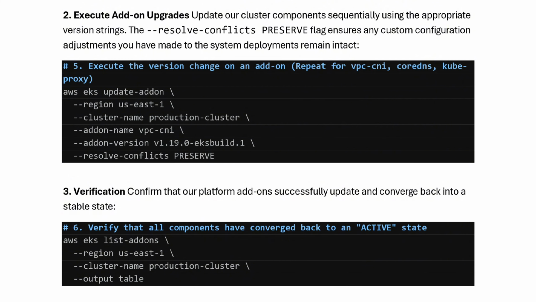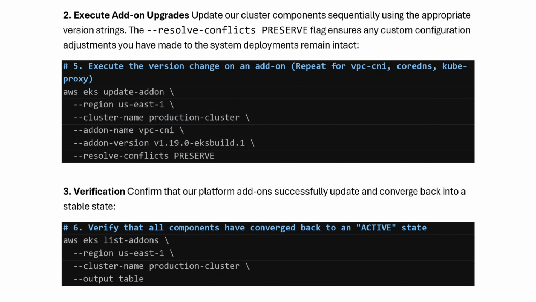The command is aws eks update-addon with the flag --region, --cluster-name with the production cluster name, --addon-name with its name, that is the add-on vpc-cni, --addon-version with the version, for example v1.19.0-eksbuild.1, and the flag --resolve-conflicts PRESERVE. So the preserve flag ensures any custom configurations which we have made to the system deployments remain intact.